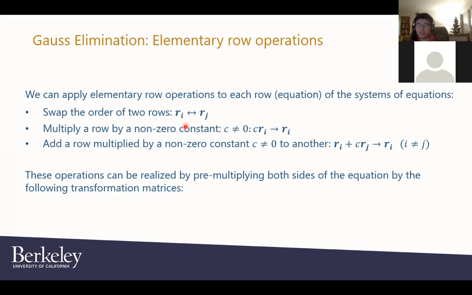Like we could multiply some row by 2, that's valid, that doesn't change the inverse of our matrix. And we can add a row to another one, or add a multiple of a row to another one, as long as we're not multiplying by 0. So these are the 3 valid operations: swap one row with another one, multiply one row by any constant that's not 0, and add a multiple of a row to another one.